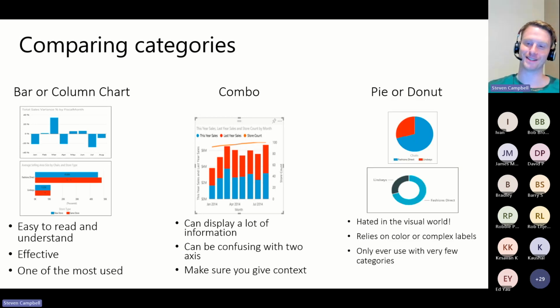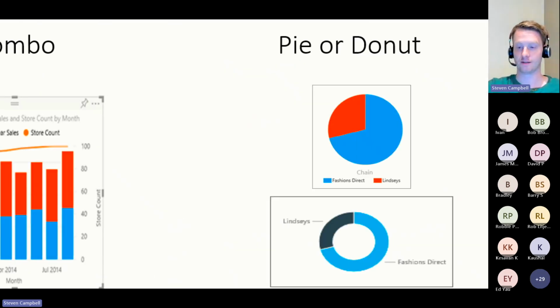And everyone's favorite. I can't do a presentation on visualization without talking about a pie or donut. These are really hated in the visual world. There's a lot of issues with a pie chart. Mainly, obviously, they rely on color, so this is really difficult if you're colorblind to differentiate between them.